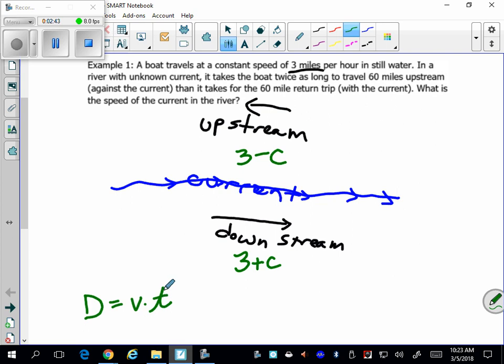We have the velocity or speed of our boat. We don't have the time, but we can work a little bit with time because we know it takes twice as long to travel upstream as it does downstream. We also have our distance.